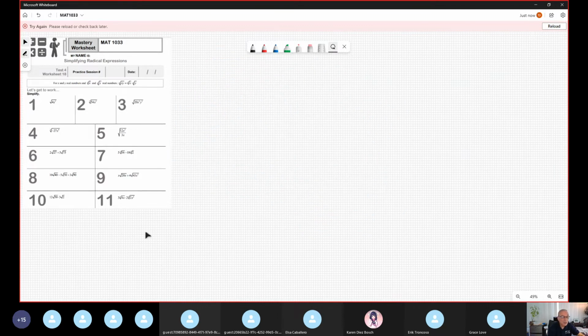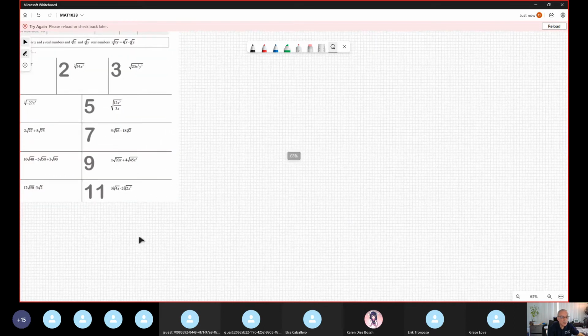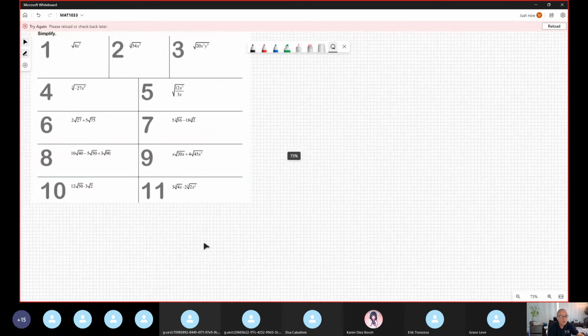However, we need to verify if manipulations are possible. Example number 6: you have 2 radical 27 plus radical 75. You say, wow, this is impossible. Well, do a little simplification.